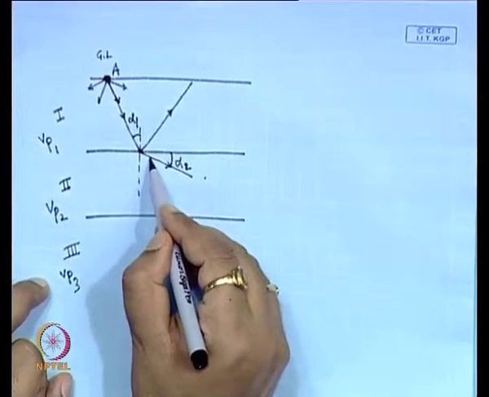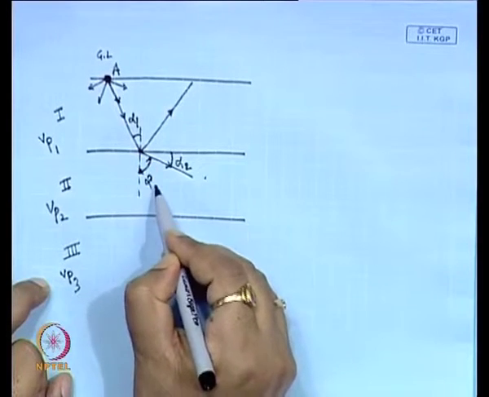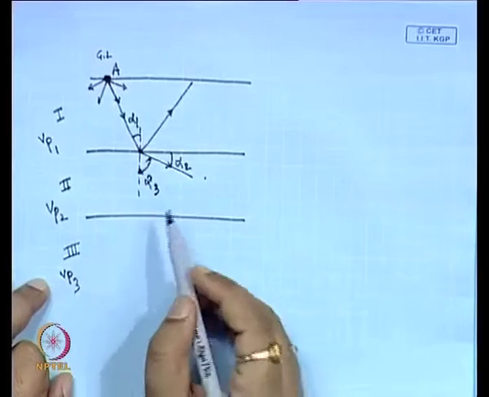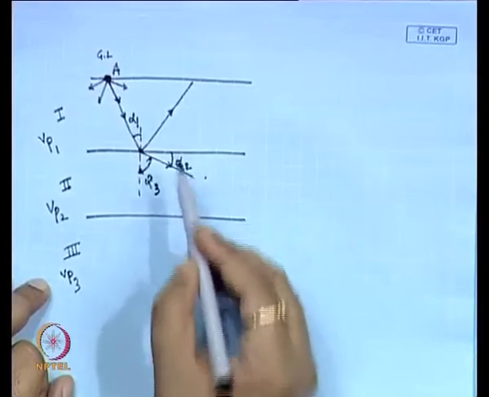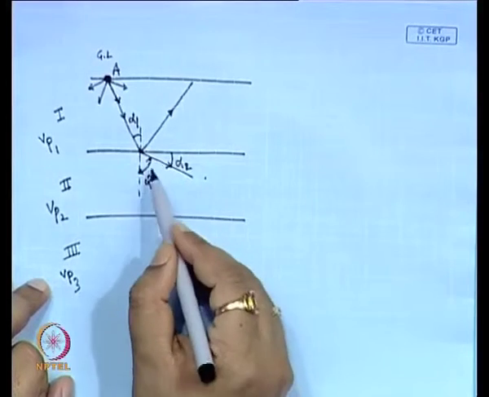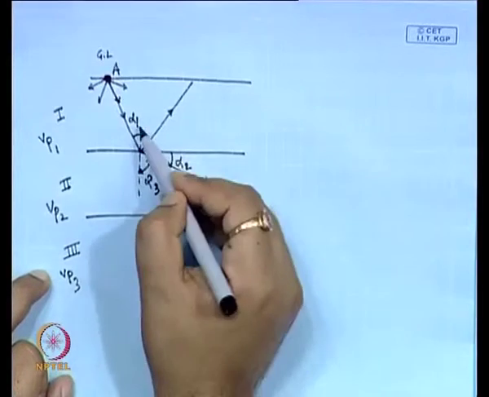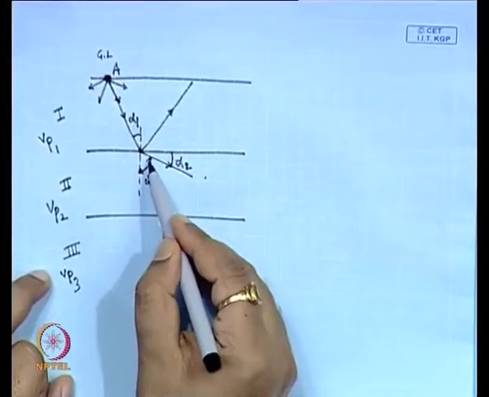And this is another angle, say alpha 3, which is the angle this refraction ray is making with this vertical line. So, this is the first angle alpha 1, and this is alpha 3.